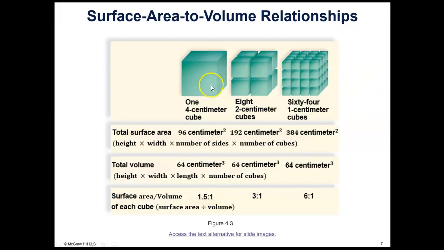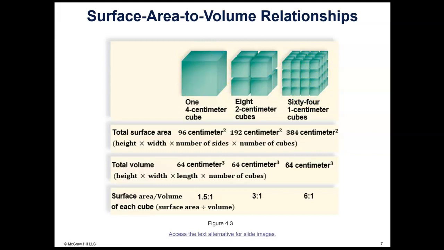This is just an example that you can look at on your own if you want to. It's showing you a large cell in the shape of a cube so that we can actually calculate some things, and then 64 very small cells that together make up the same volume as this one large cube on the left.